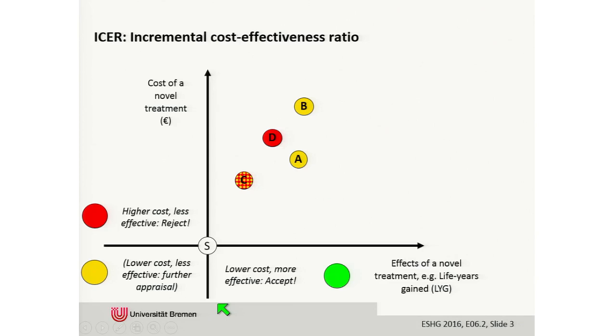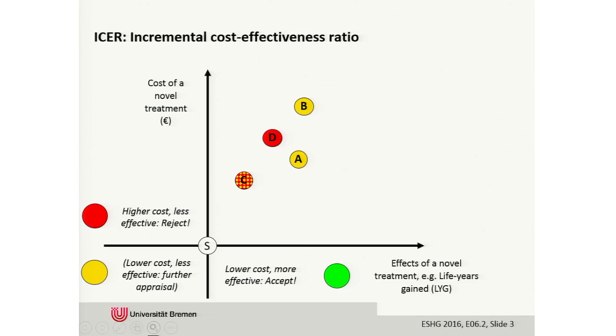Now looking at those four cases, the alternative D is marked red, and having listened carefully to what I said before, it's quite clear why this is the case. The technology D is dominated by technology A, which costs less and provides more health gain, so therefore technology D will be excluded from the further analysis. This is quite relevant for genetics because typically there are very many different ways how genetic tests could be used or how different tests could be put in a sequence.